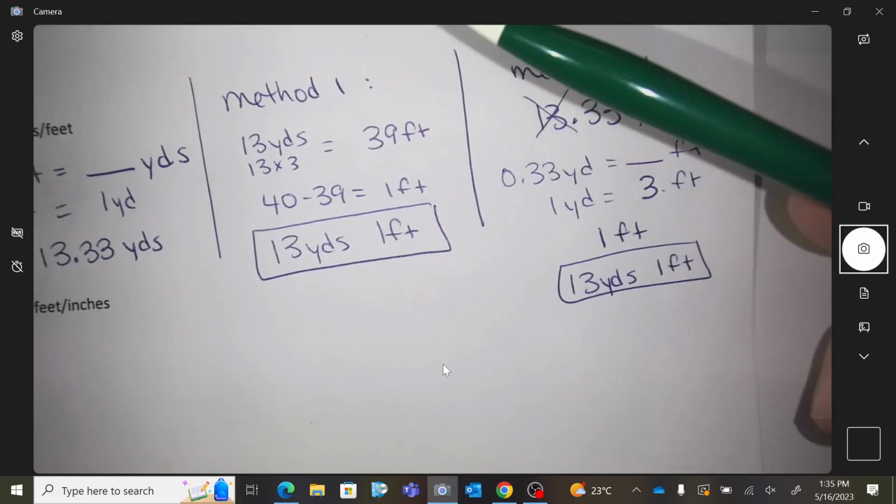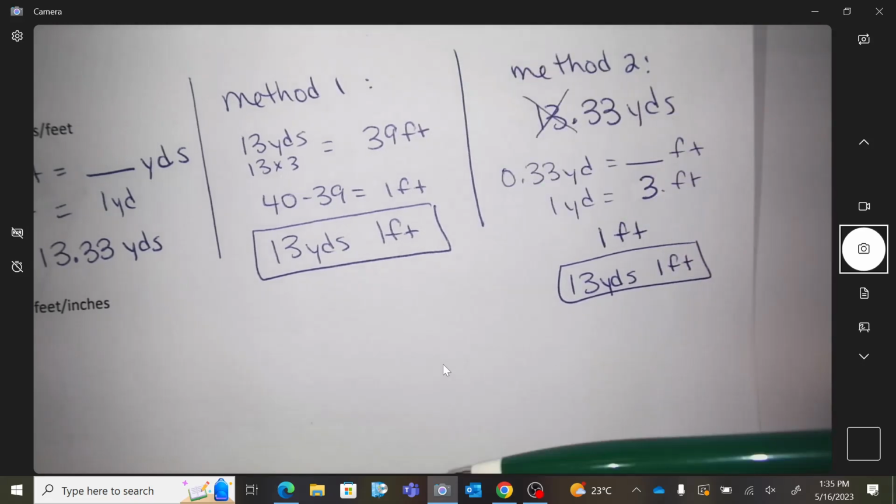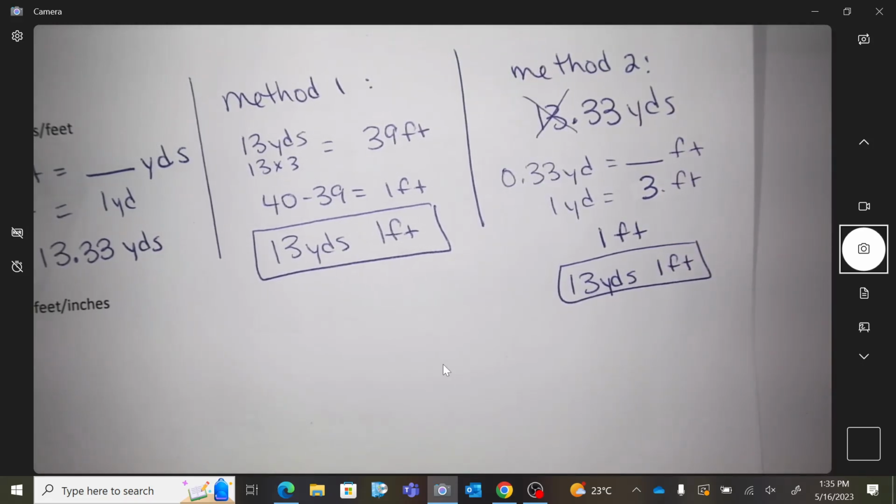Okay, so again, looking at your method, did you pick that method or that method? Did we do the same thing?